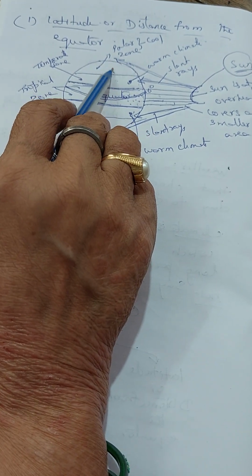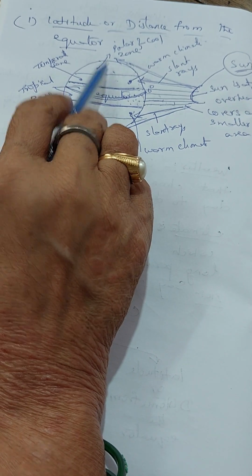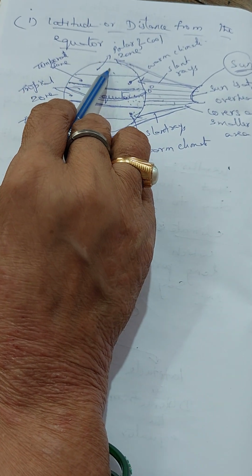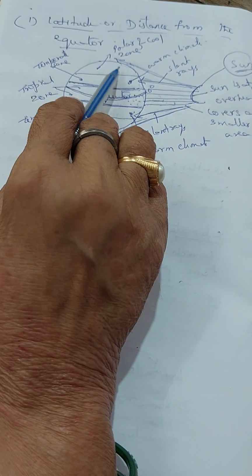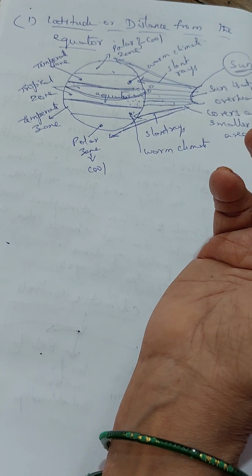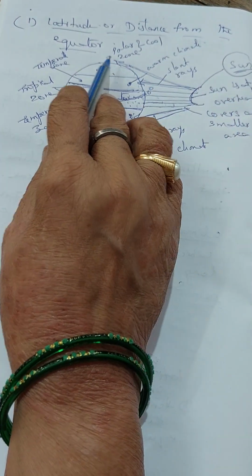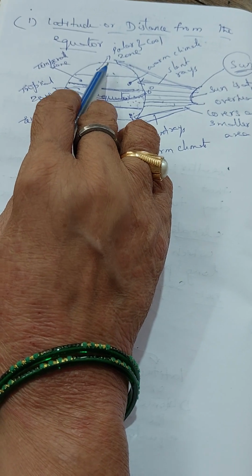So cool climate will be there. The places located in polar zone, like Alaska, Greenland, have very, very cool climate. Antarctica, Arctic Circle, is totally covered with ice, because sun rays are not falling, heat is not reaching these zones.